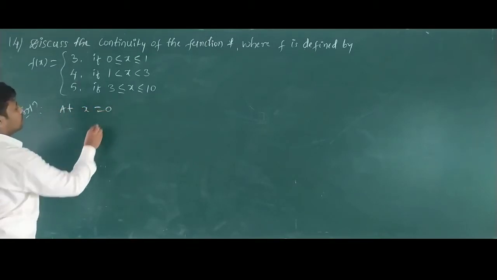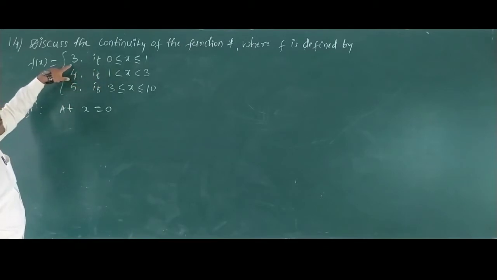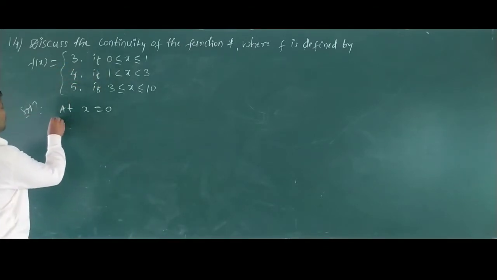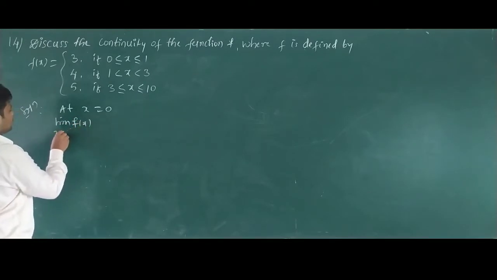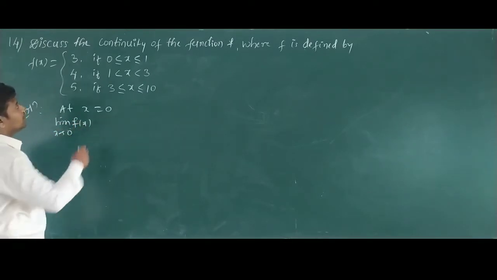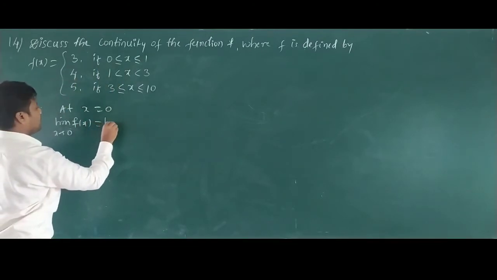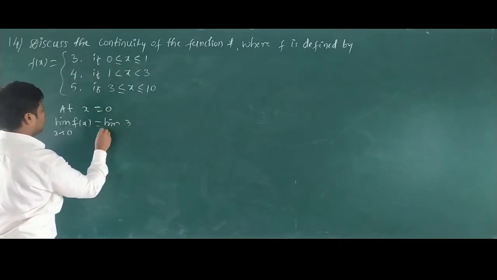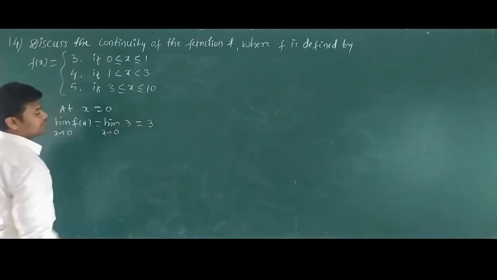At x equal to 0. So at a particular point, you check. Limit of f of x as x tends to 0 is given by limit of 3 as x tends to 0. That value is 3 only, constant function.